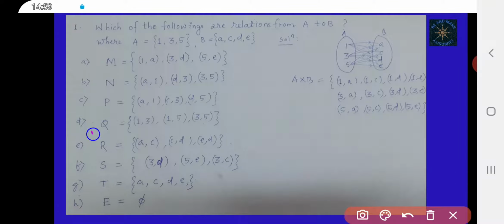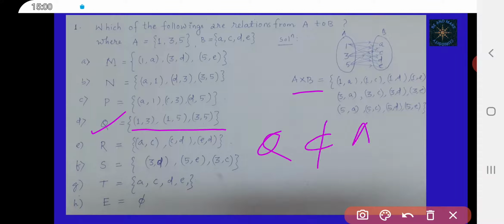Now Q. You see here also, every element of Q is not in A cross B. So Q is not a subset of A cross B. So Q is not a relation.